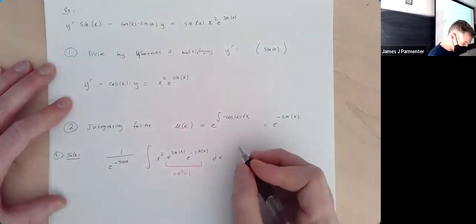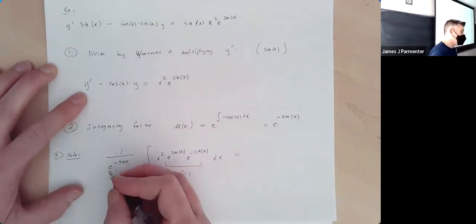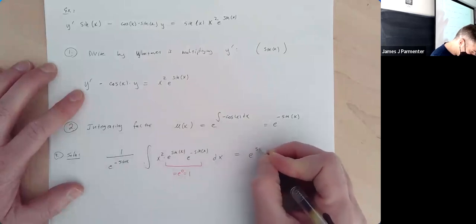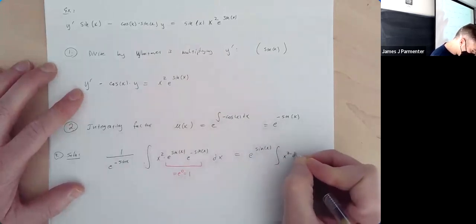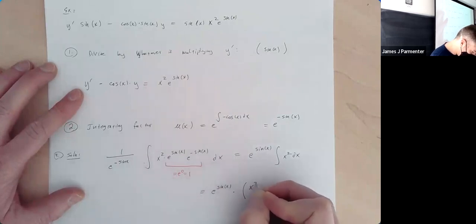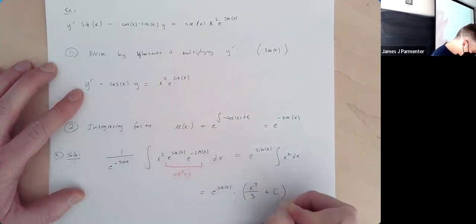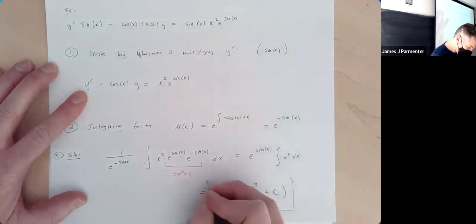So really what we've got is 1 over e to a negative power is the same as e to that positive power. So it's e to the sine of x times the integral of x squared, which is just going to be e to the sine of x times x cubed over 3 plus c. And since they didn't give us any initial conditions, there's our answer.